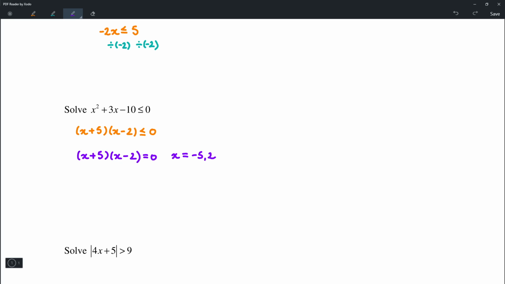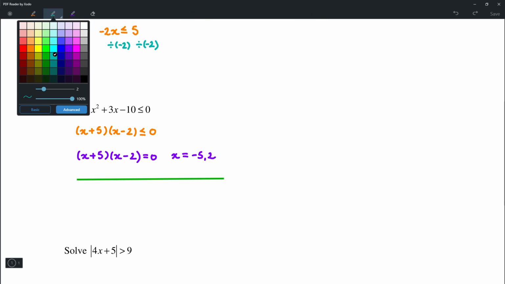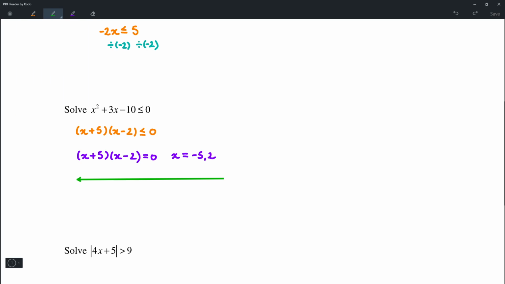What this does is that it divides the number line into the following parts. So let's say this is our number line. We'll have negative 5 and 2, which means we have 3 parts to our number line now.